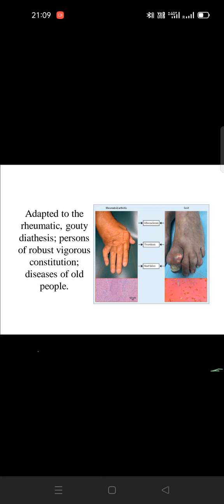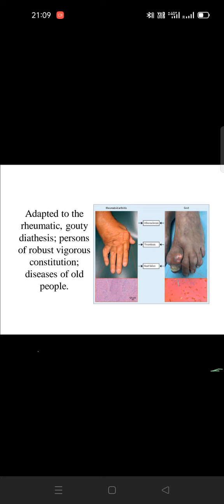So the process of a disease occurring again and again is known as diathesis. Means those diseases which occur again and again after taking the medication, that condition is known as diathesis.